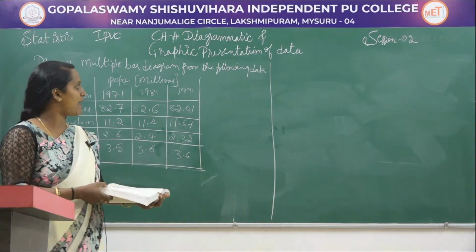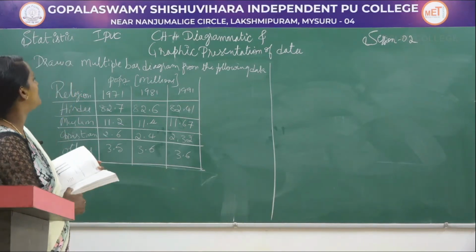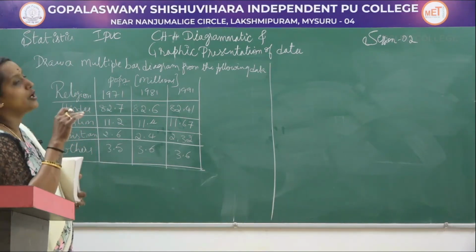This is the data they have given. We have to draw a multiple bar diagram for this religion-wise population.